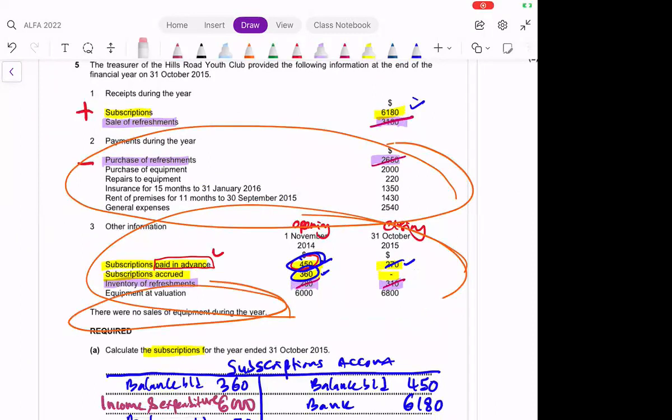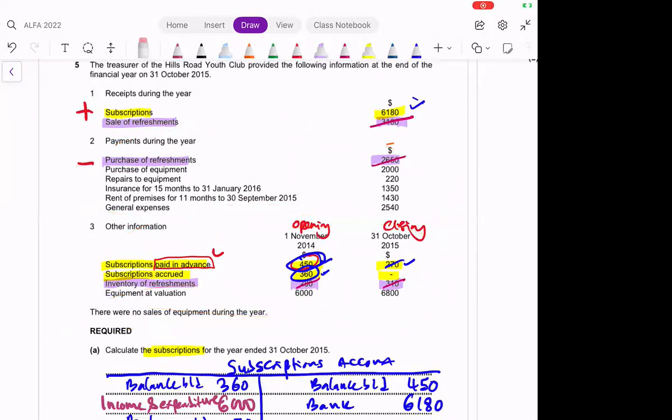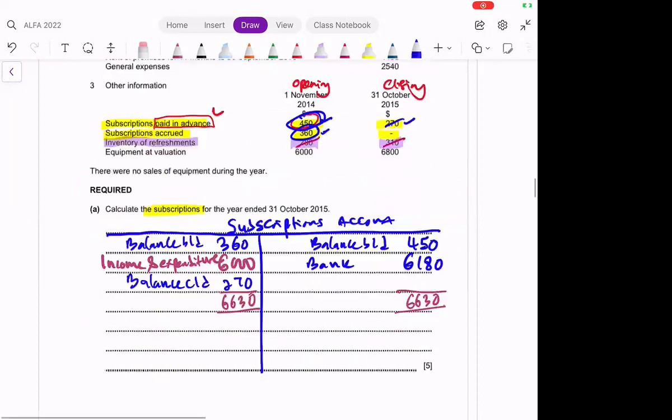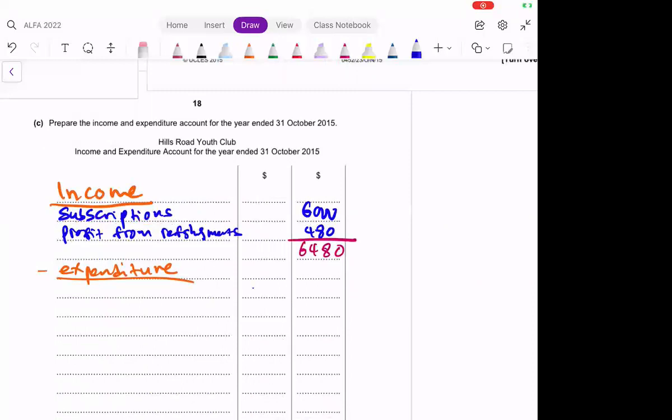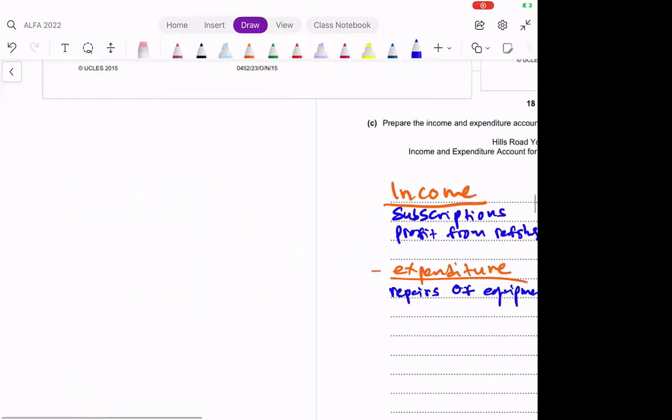The first expenditure that I can see is repair of equipment. I write down, no accrued or prepaid or nothing, so straight away write expenditure. Repairs of equipment. Next one.